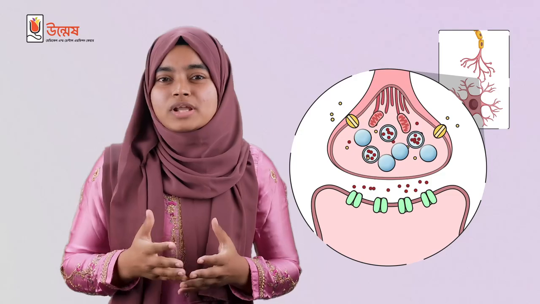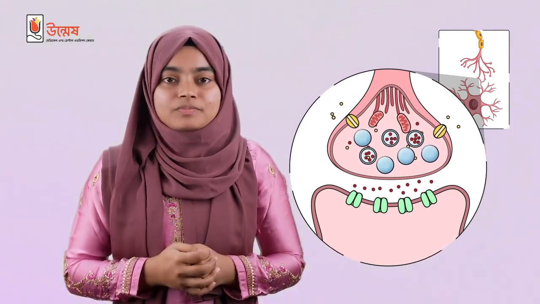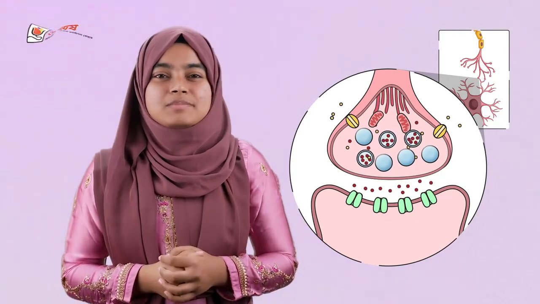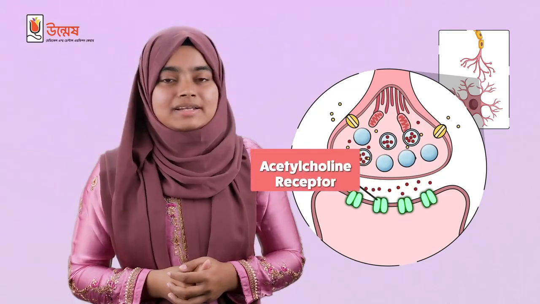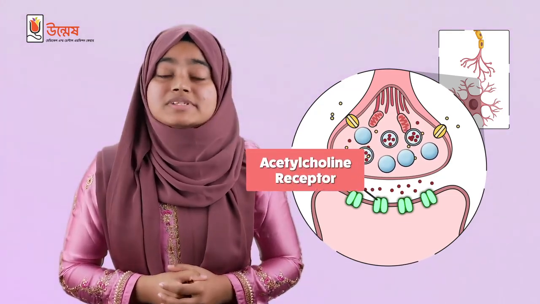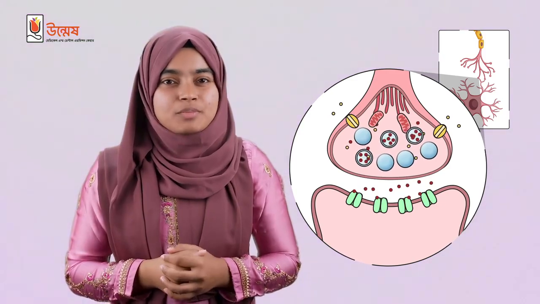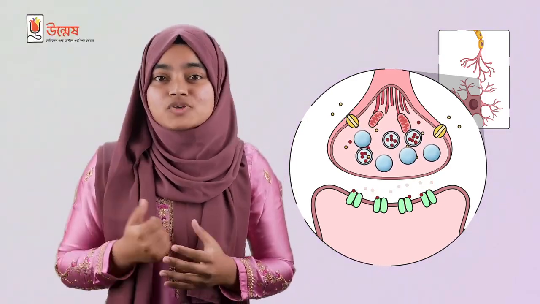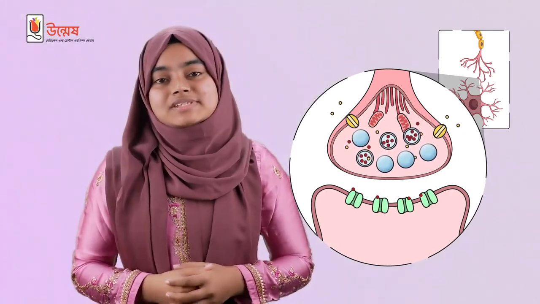So acetylcholine will move through the synaptic cleft to the membrane of the postsynaptic neuron. In the membrane of the postsynaptic neuron, some proteins are present to which acetylcholine can bind. These are called acetylcholine receptors. So acetylcholine then binds to the receptors in the postsynaptic neuron, and in response to that, permeability of the membrane of postsynaptic neuron increases.